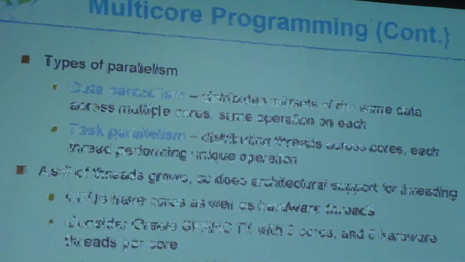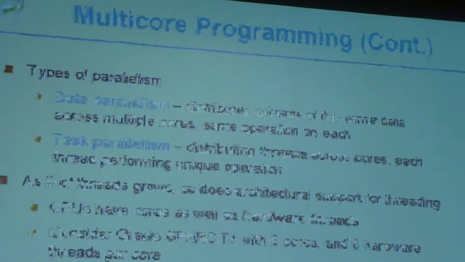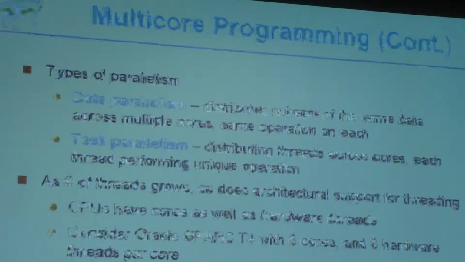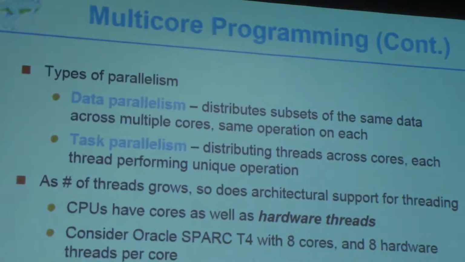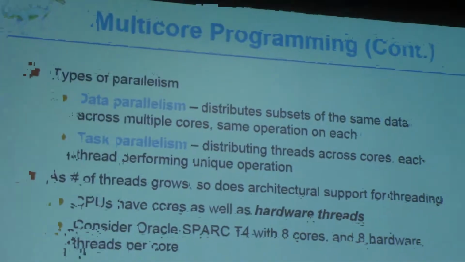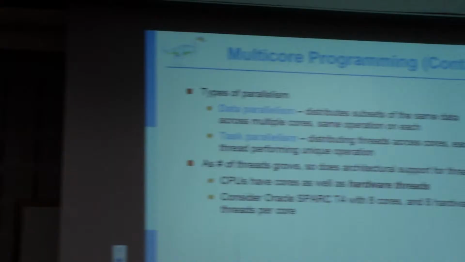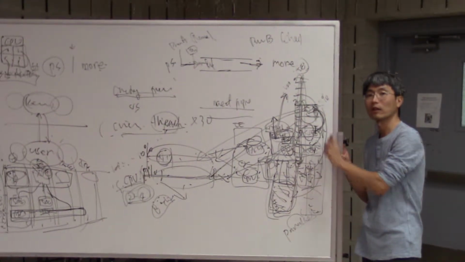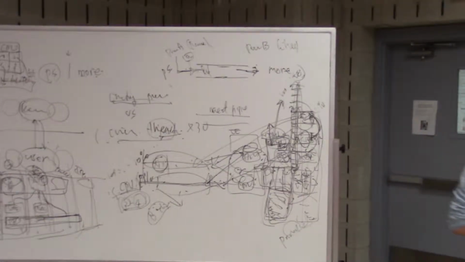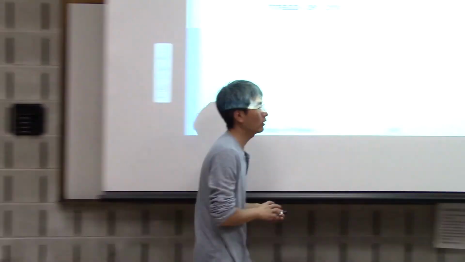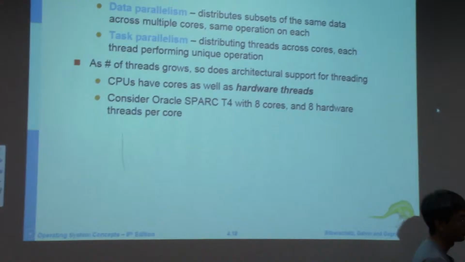Data, I already explained in that example. And what about the task? Task is where from one program we can separate the work by job. Like this is printing, this is reading an image, this is communication. If you have separate tasks, you can do task parallelism.